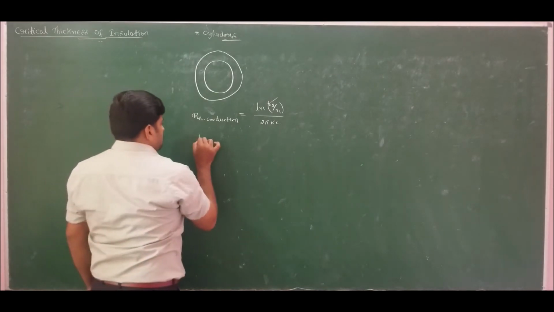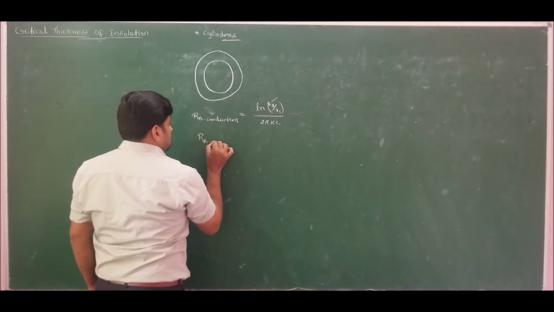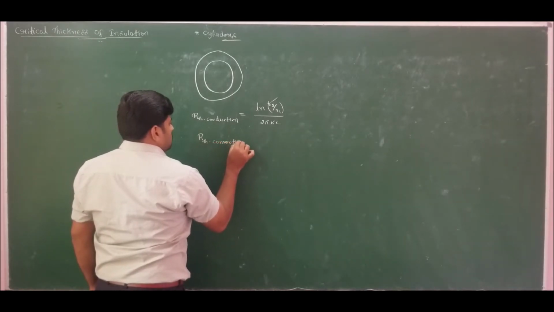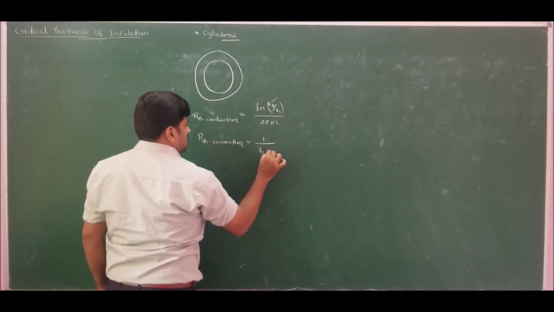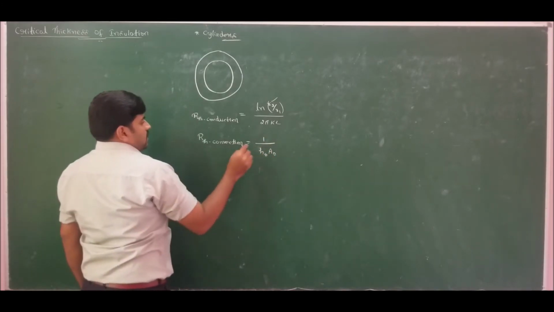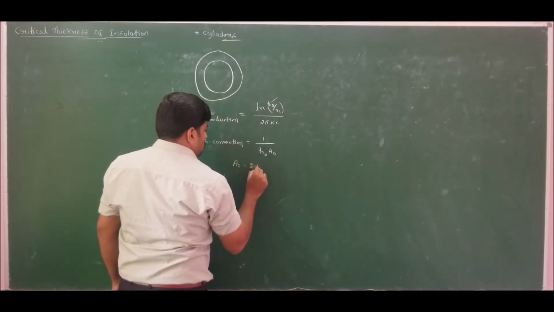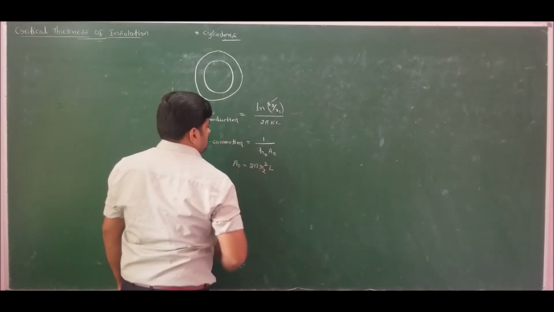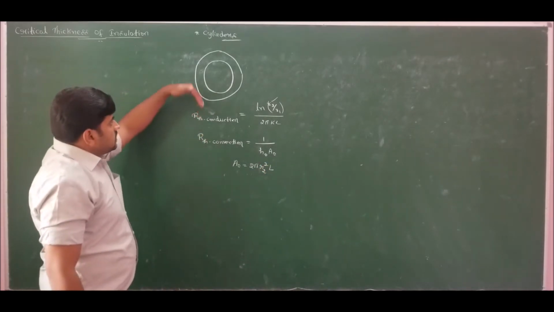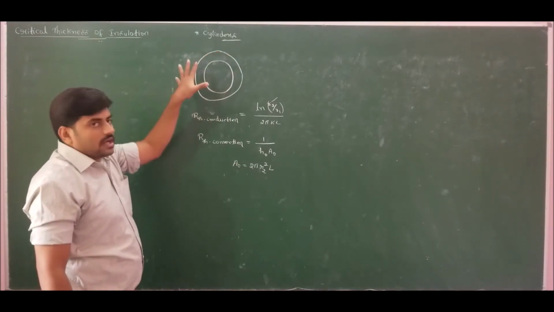Contrary to this, if I increase the insulation thickness, coming to the thermal resistance due to convection, we know that it is 1 by h0 A0, where A0 is 2 pi R2 L. As the thickness increases, the radius will also increase, so the surface area will also increase.